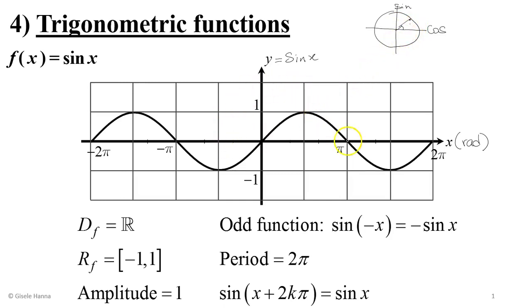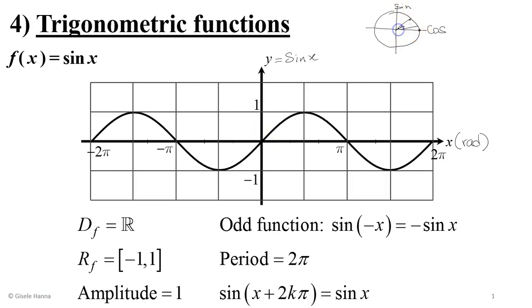However, if we were to make sense of the shape of the curve of y equals sine x, over here at this point on the unit circle, the angle is 0, and the y value or the ordinate of that point is 0. Consequently, sine of 0 is 0, and this is why the function passes through the origin.